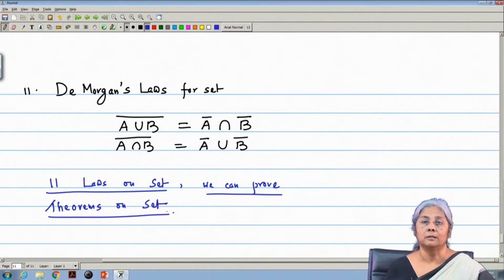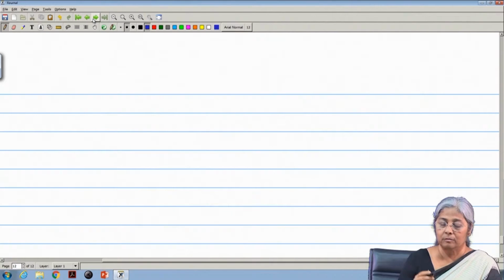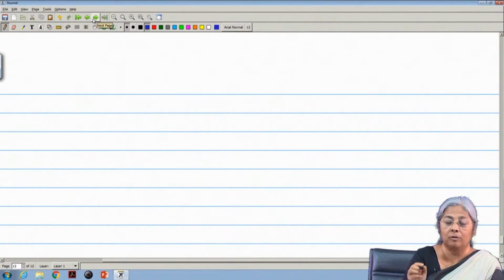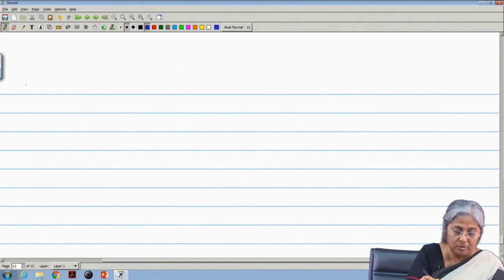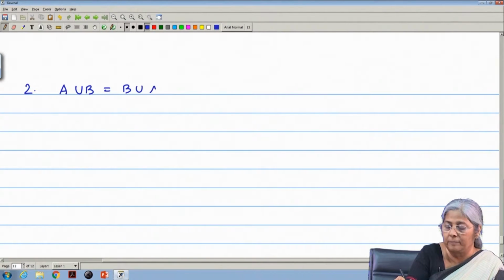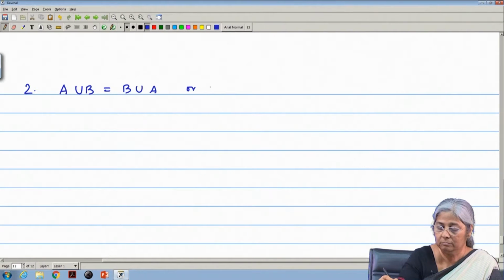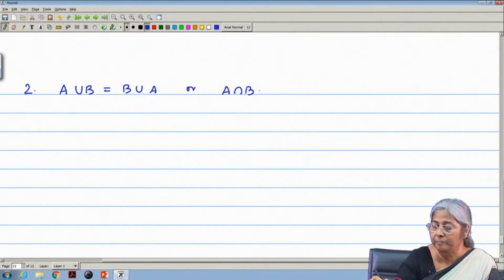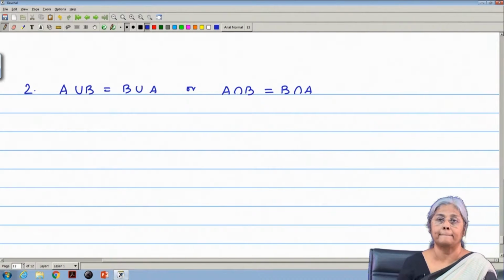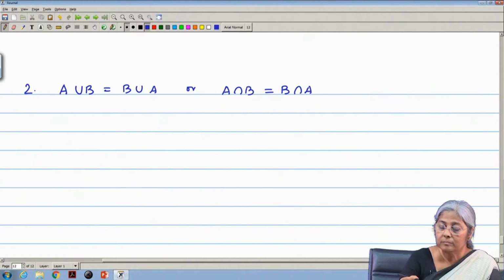Now, we see how to prove some property. First, we consider the commutative law, the very simple one first. So, this is my law 2, that we told that A union B is B union A, or A intersection B is the same as B intersection A. So, this is one set.